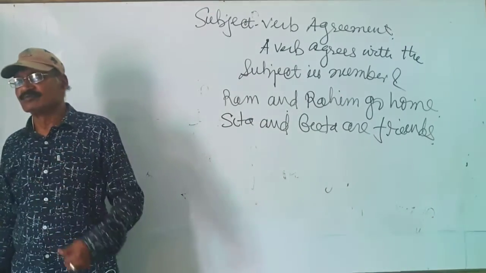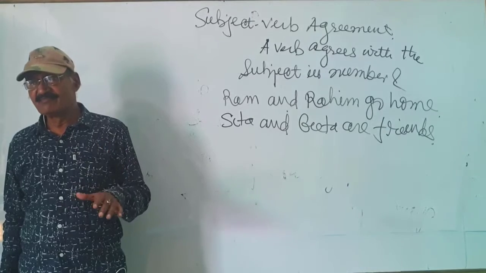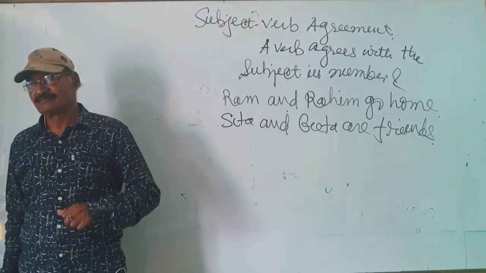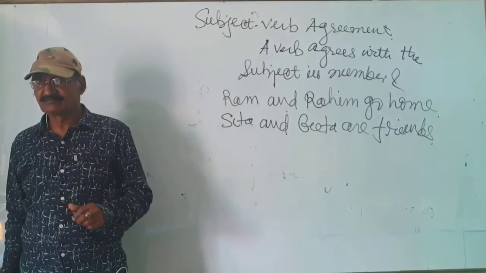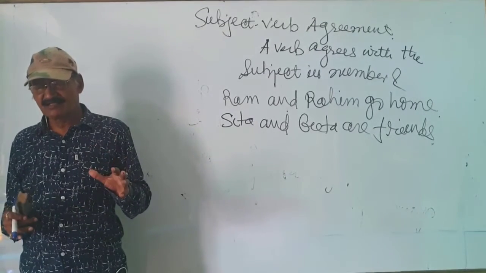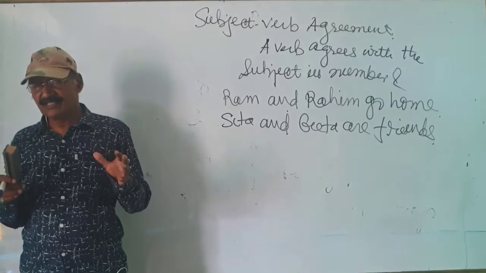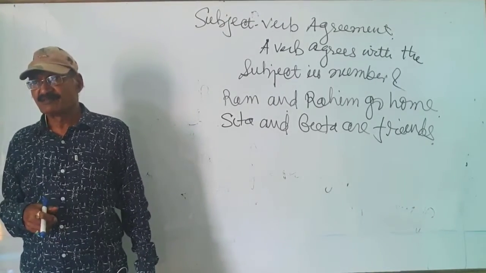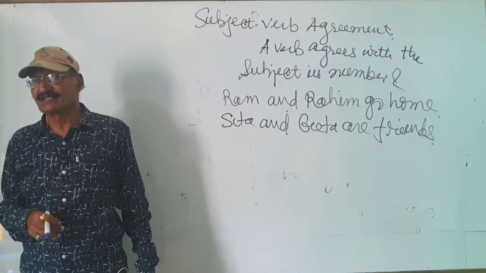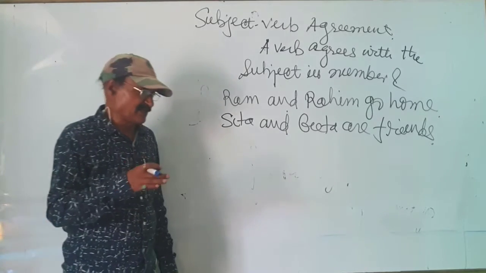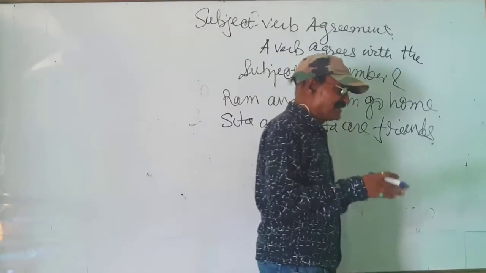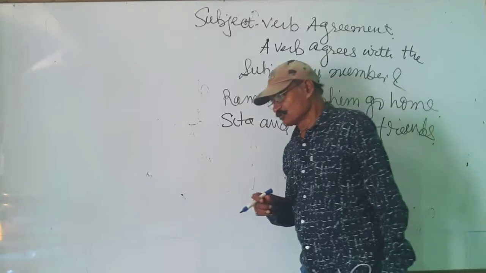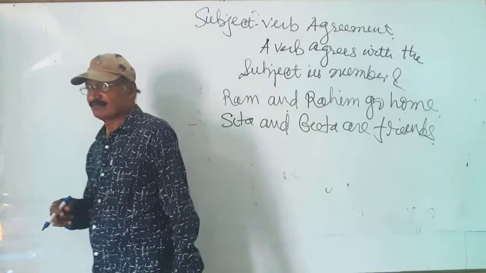And more than two: Ram, Karim and Rahim are going, not "is going", because they are used in plural number here in the sentence. There are three persons used here, and three persons can be considered as the plurality of the persons. That's why we are going to use our plural verb here.